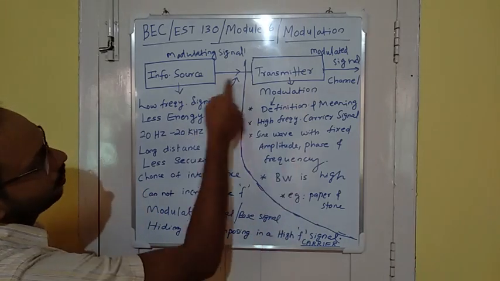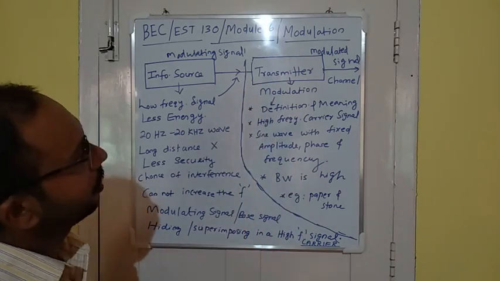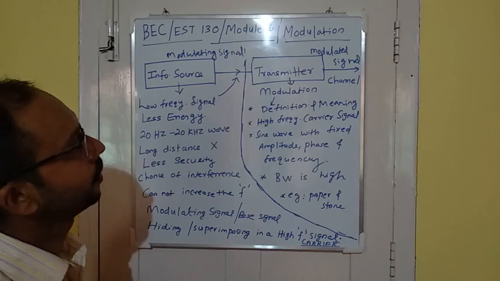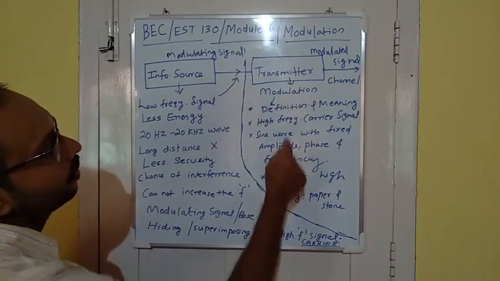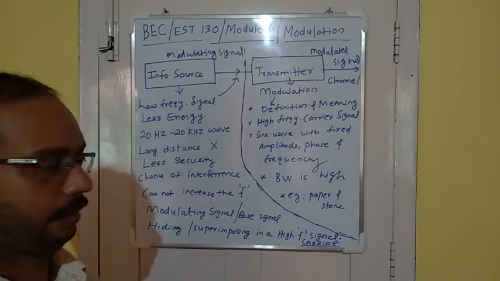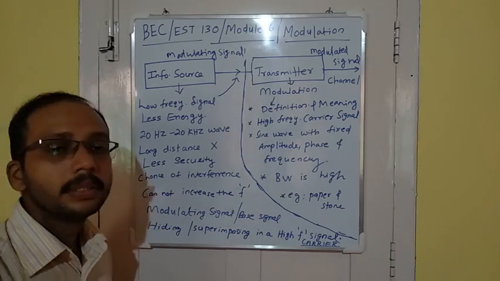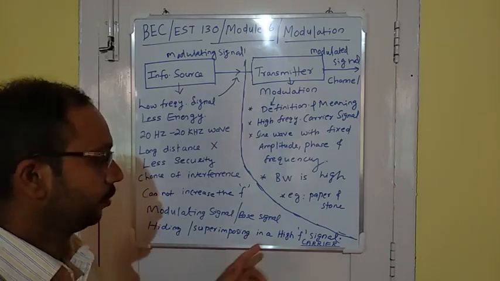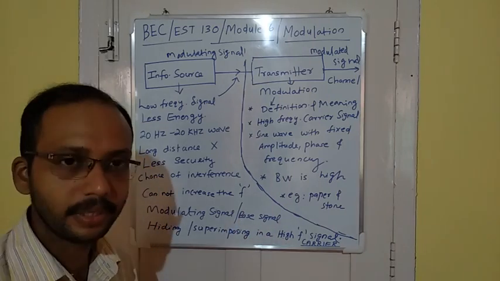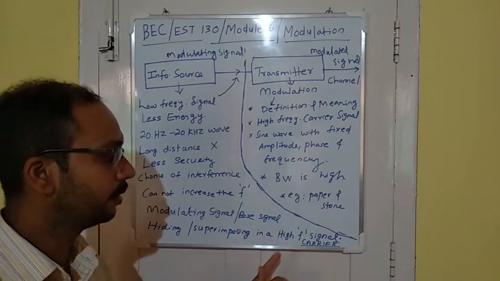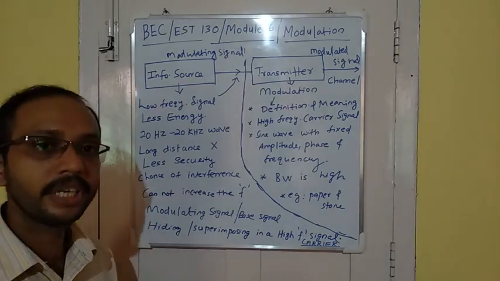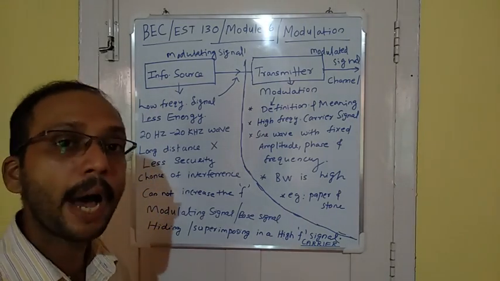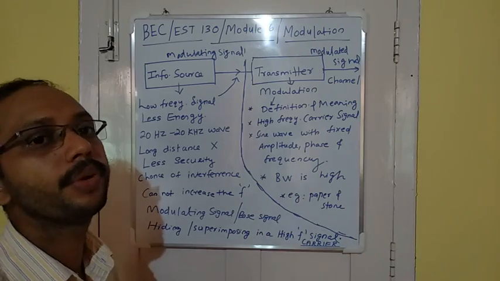So, let's analyze the modulation process in the transmitter section. The definition of modulation is: some properties of this high frequency signal, or some properties of this carrier signal, are varied in accordance with the instantaneous amplitude of the low frequency signal.